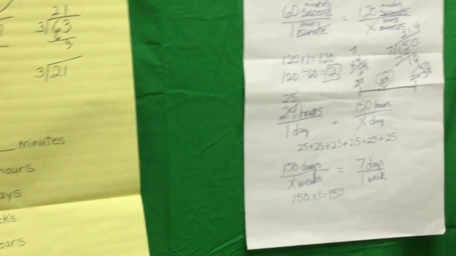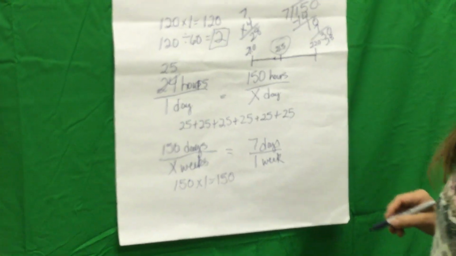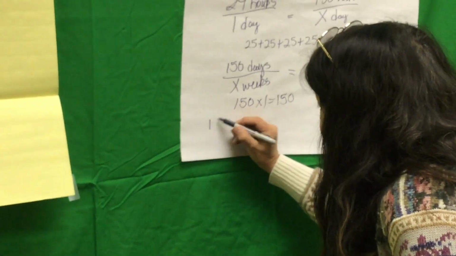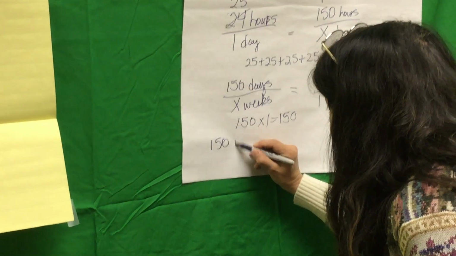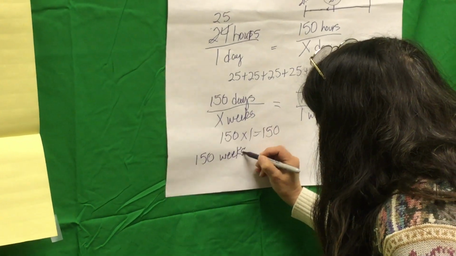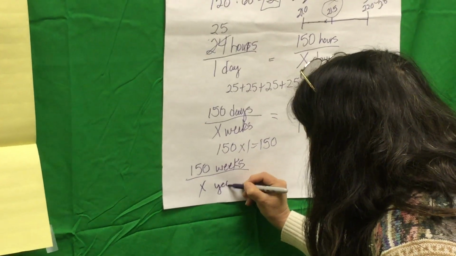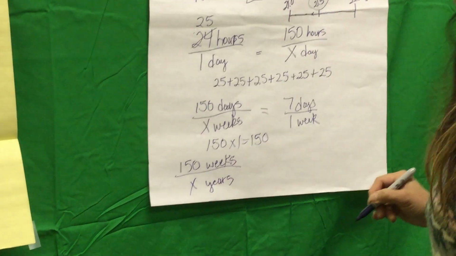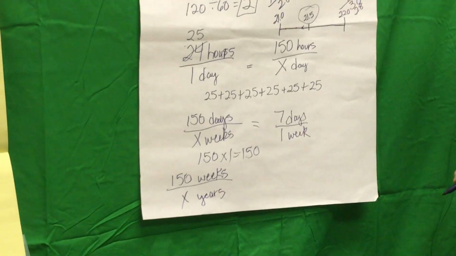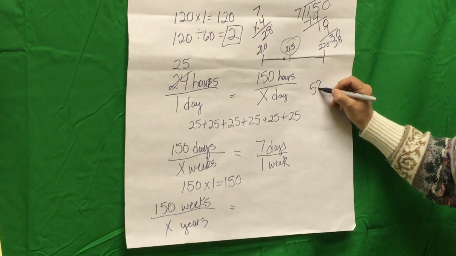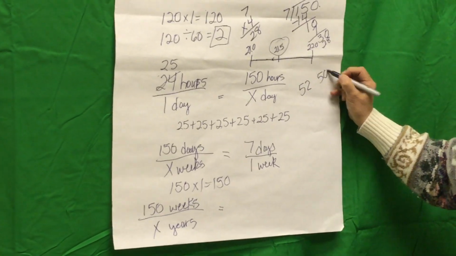150 weeks is about how many years? Okay, so 150 weeks is how many years? And there's about 52 weeks in a year, but again, it's about. So we're going to round 52 to 50.